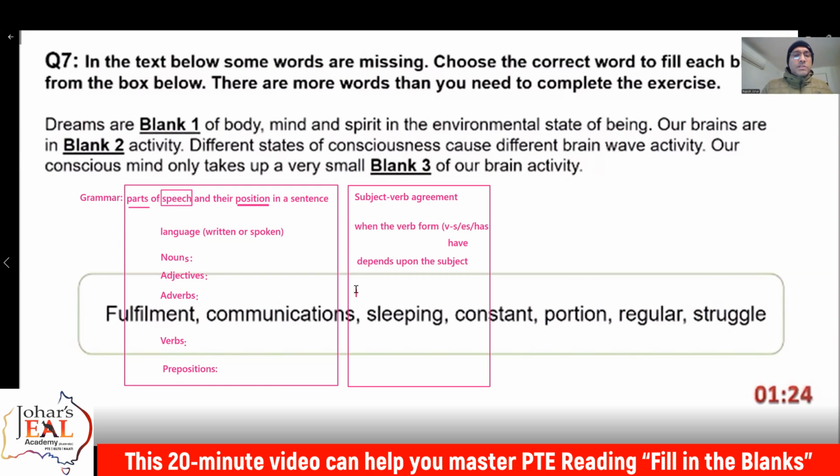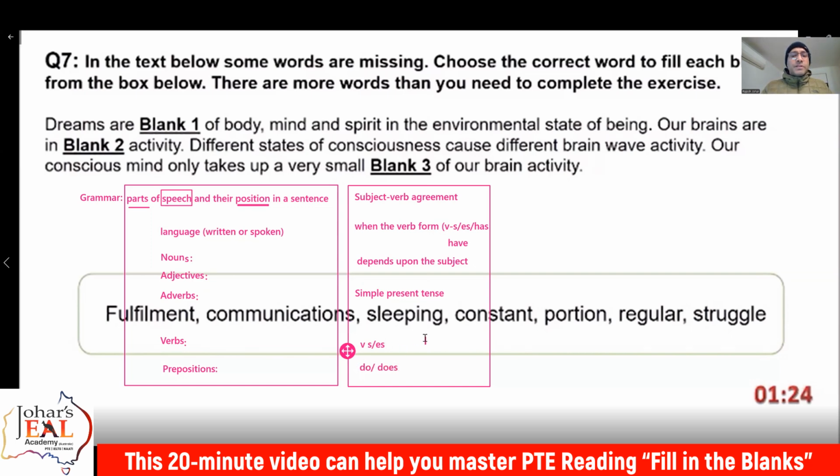It's mostly used in simple present tense, not other places. We'll talk about it in more detail later on. In simple present tense, sometimes we use a verb with s or es at its end, sometimes we use do or does.